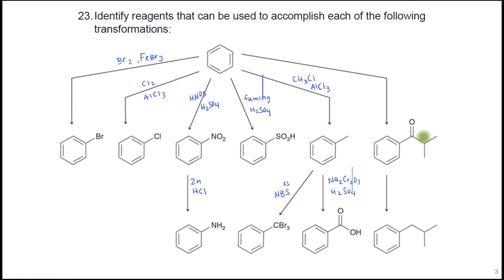For this acyl group here, we'll just take whatever's on the other side of this group and add chlorine to it with AlCl3. And to reduce it, it's zinc amalgam, HCl, and heat.